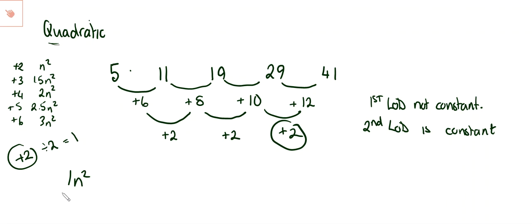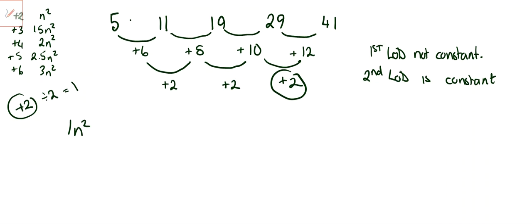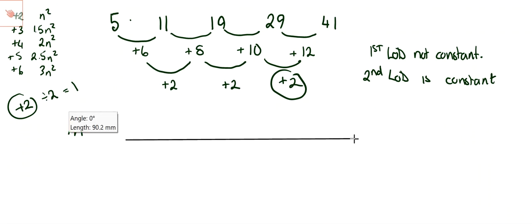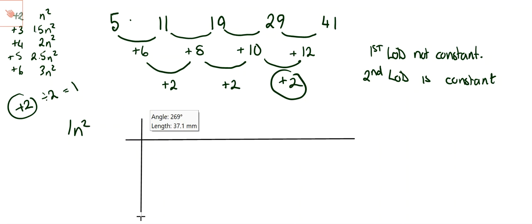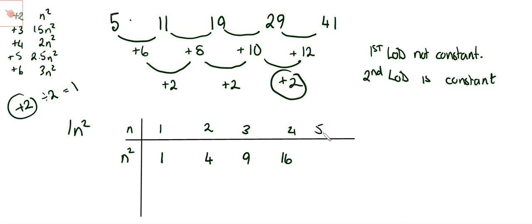Now, Sienna, we want to do a table, don't we? We said, if n is 1, 2, 3, 4, and 5 for these, what would 1n squared be? 1 squared is 1, 2 squared is 4, 3 squared is 9, 4 squared is 16, 5 squared is 25.